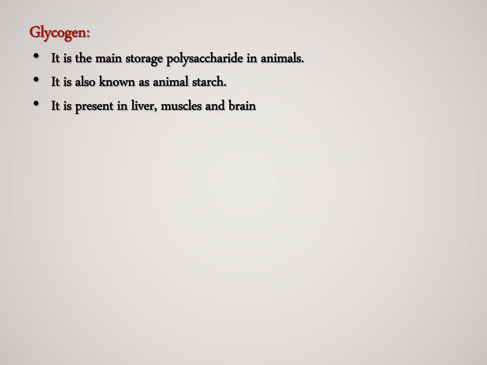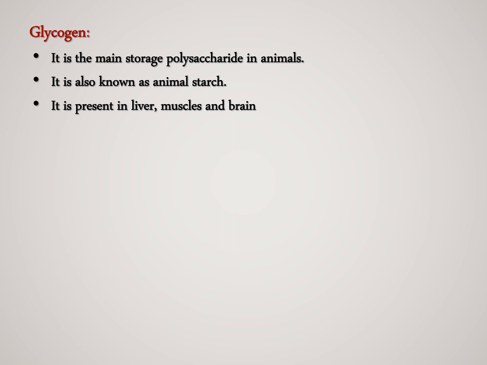The next polysaccharide which we are discussing is glycogen. Glycogen is the main storage polysaccharide found in animals. It is generally found in the liver, muscles, as well as the brain of animals.